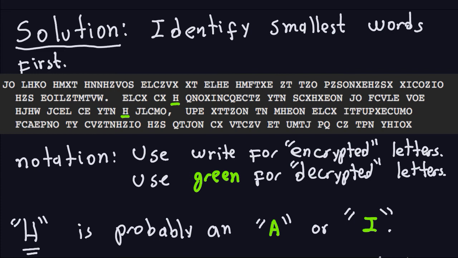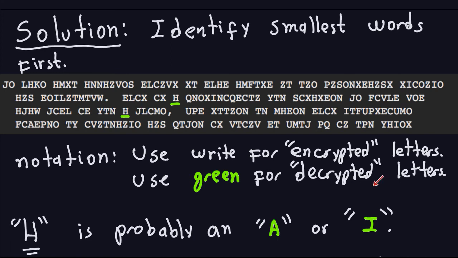If it were the letter I, it would probably be at the start of the sentence. Similarly here. Now, that doesn't work all the time; you have to guess. This is an educated guessing part that is important. Here the guess will be that H is the A, because it would not make sense if it were an I.